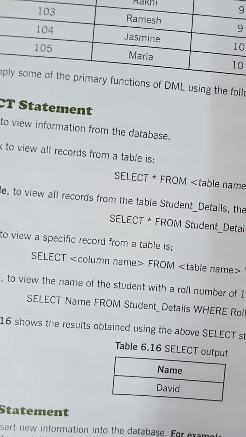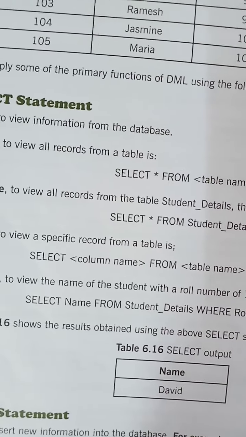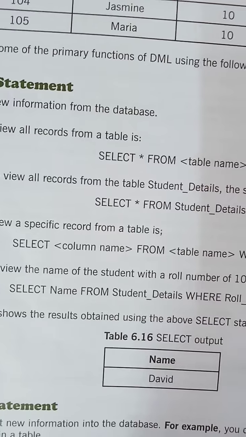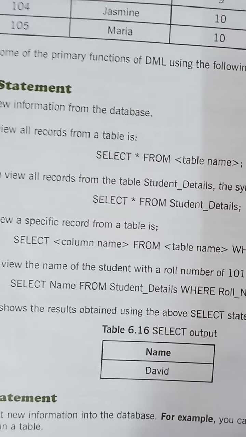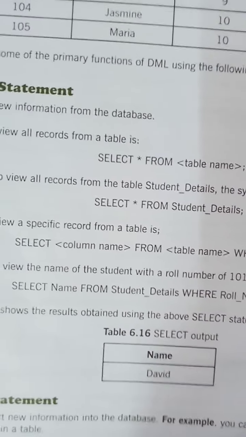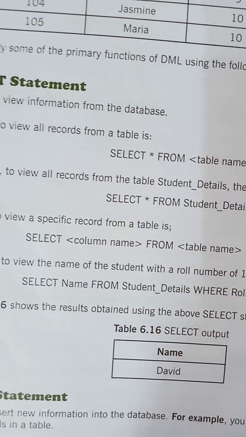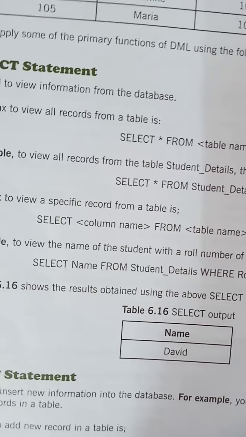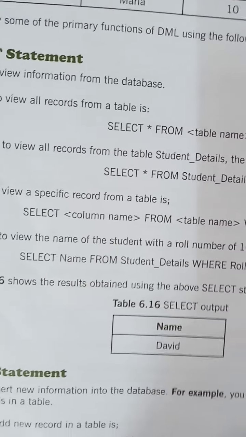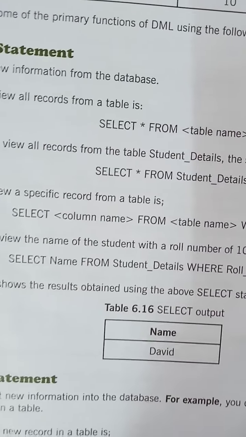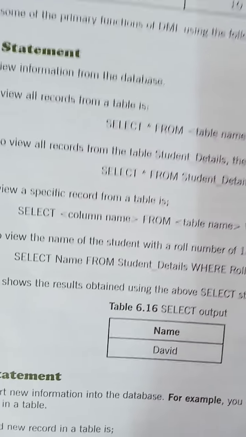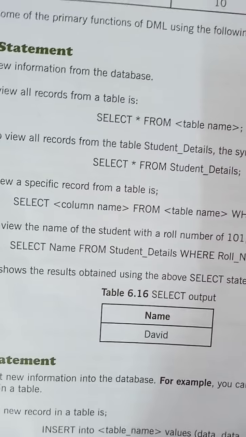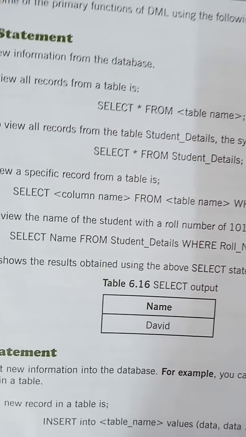So you will write select name from table name, where roll number equals 101. This is how you can extract specific information. So select name from student details where roll number is equal to 101.